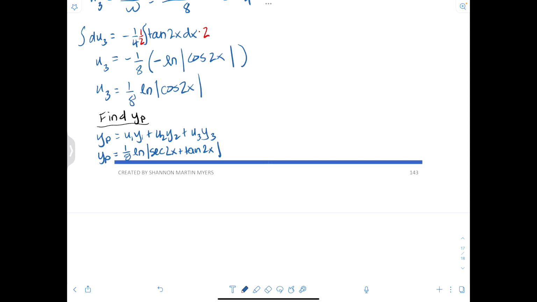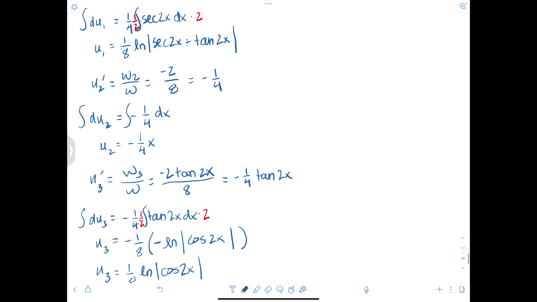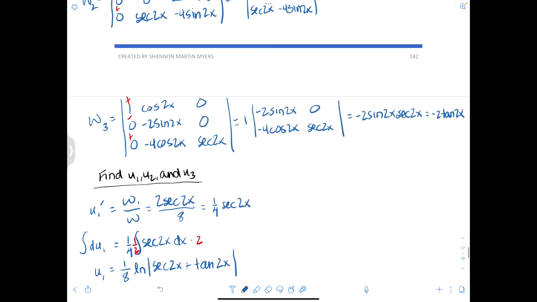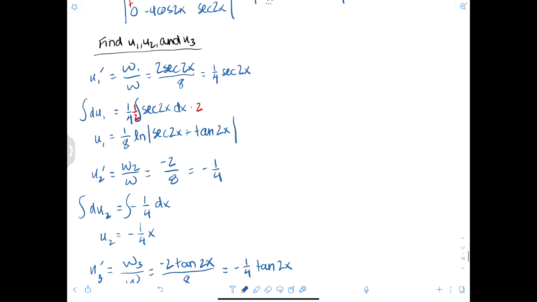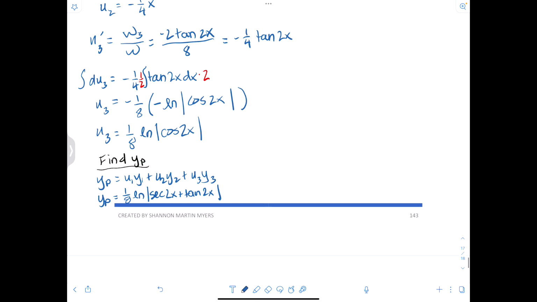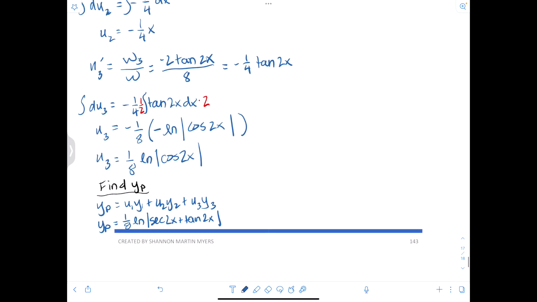And then our Y2 was cosine 2x. And then U2 was negative 1/4 x. So we'll have negative 1/4 x times cosine 2x. And then our Y3 was sine 2x.